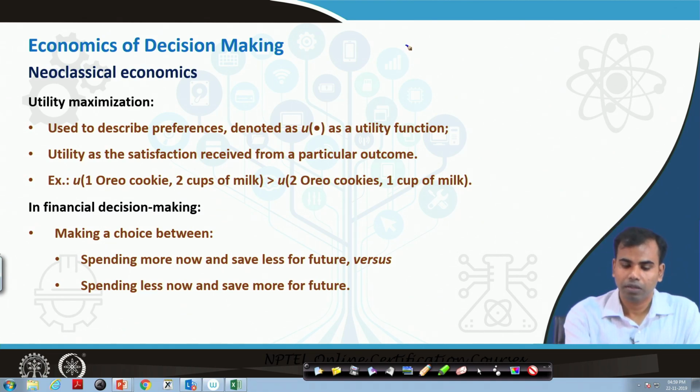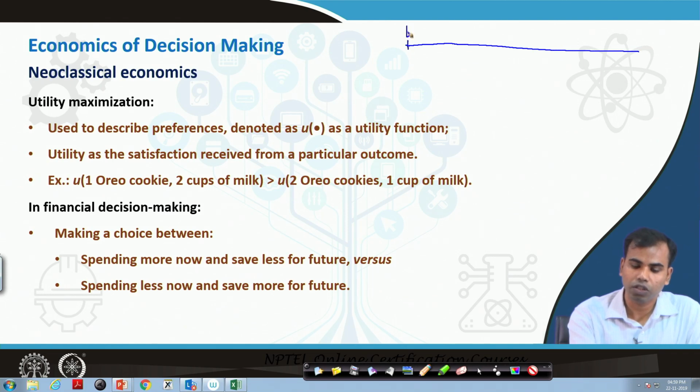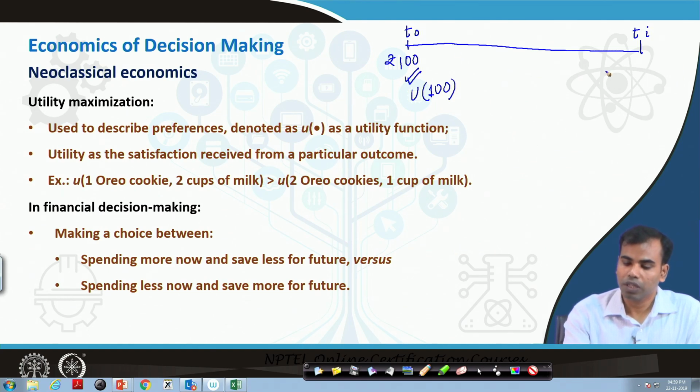On a timeline, we have t 0, which is present time, and let us say t 1, which is sometime in future. Now, you have 100 rupees here, you can either spend it right now and get the utility, or you can save it and get the utility of this 100 rupees in future.